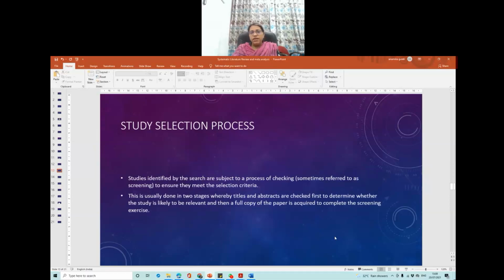This is usually done in two stages. The screening is done in two stages. First is the primary screening, where you screen those hits only through the titles and abstract information. So you screen all the titles and abstracts after the hits come up.